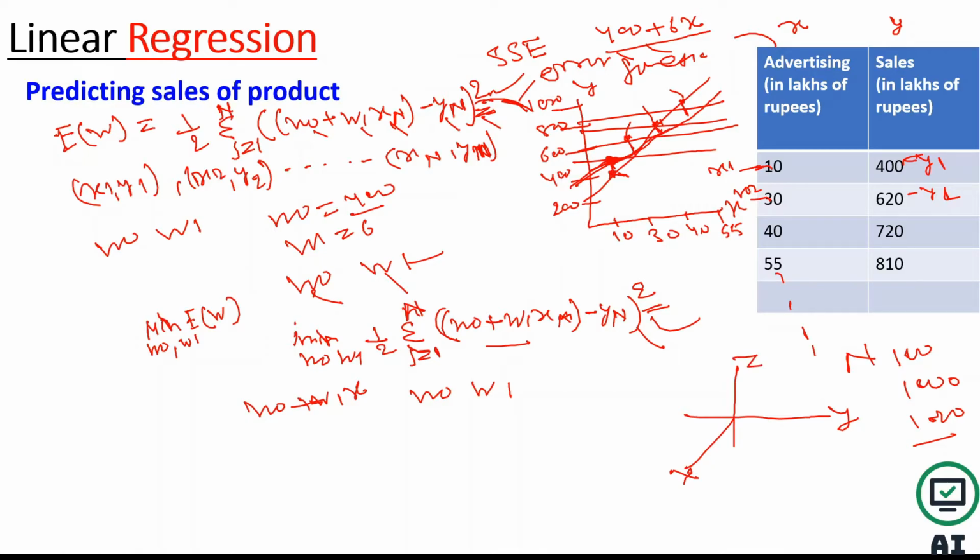Your x-axis is going to be W0 and your y-axis is going to be W1. Then for every given W0 and W1, you will incur some loss, which is represented on the z-axis. So this function itself is nothing but a three-dimensional object which perhaps looks like this or this.